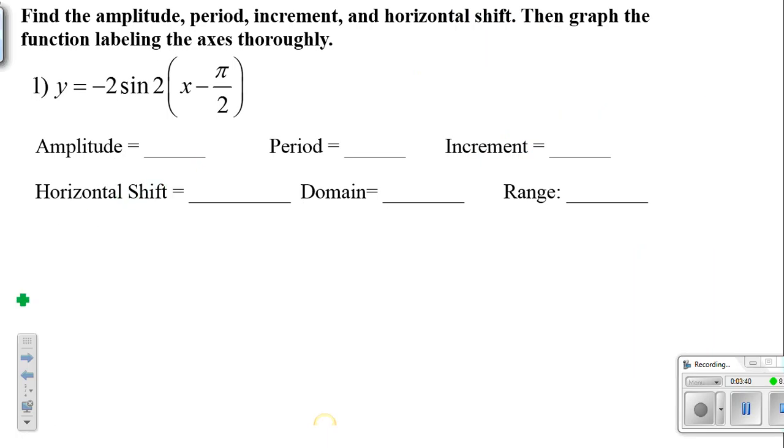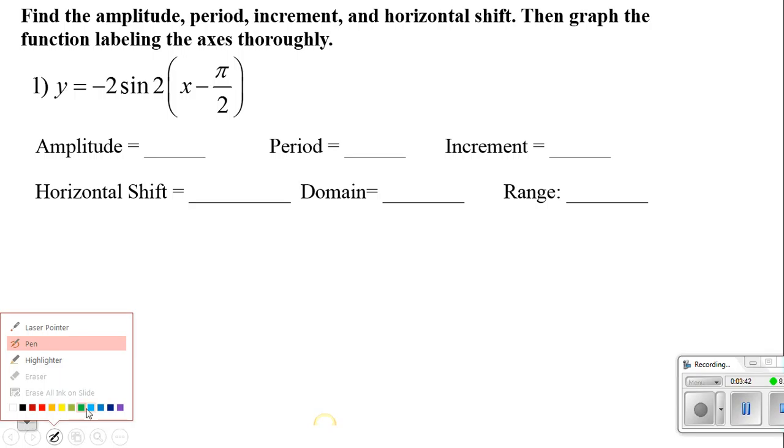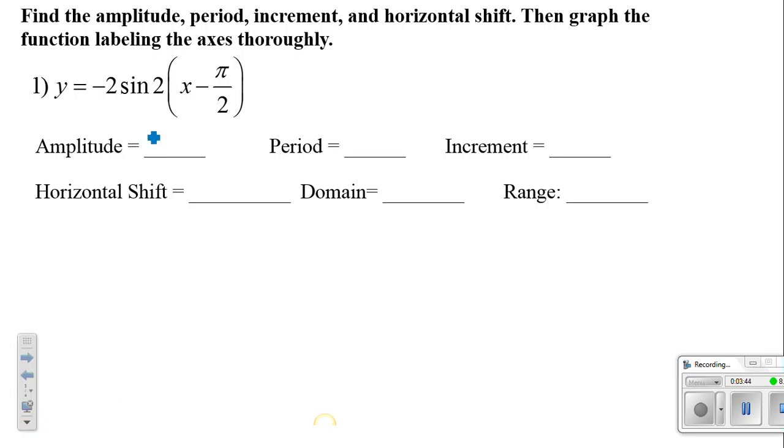All right, so we have amplitude. Amplitude is the absolute value of -2, which is 2. Our period is going to be 2 pi over the number out in front of this horizontal shift, which is our B. Okay, so 2 pi over 2, that is going to equal 1 pi.